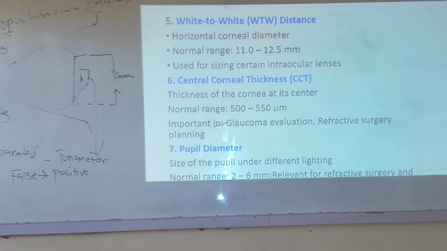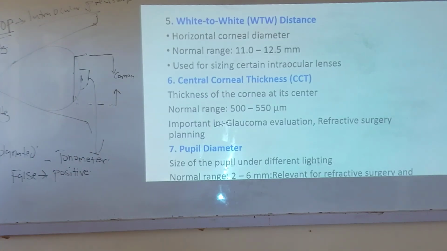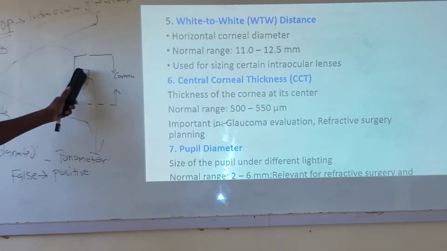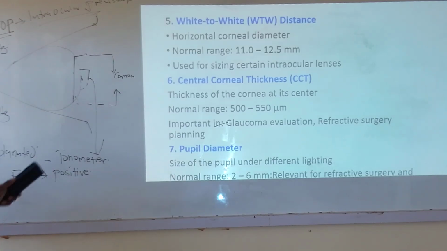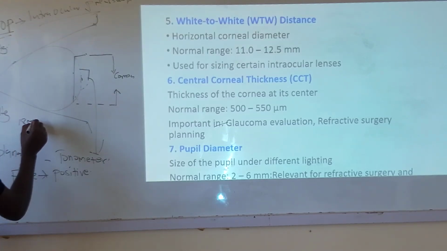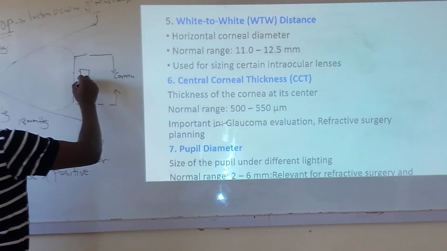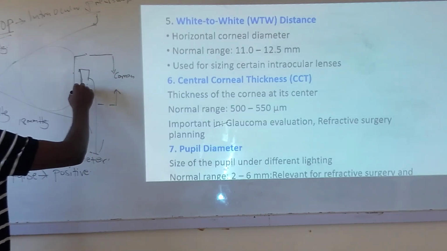The opposite is true. When the cornea center is thick, the resistance to our tonometer will be much. Therefore, let's say you have 18 millimeters of mercury of intraocular pressure, but the center of your cornea is thick.